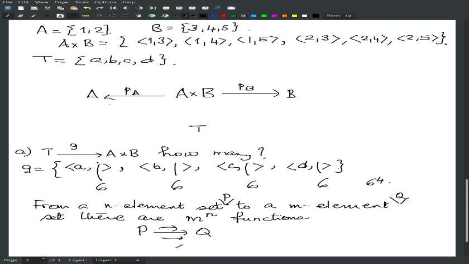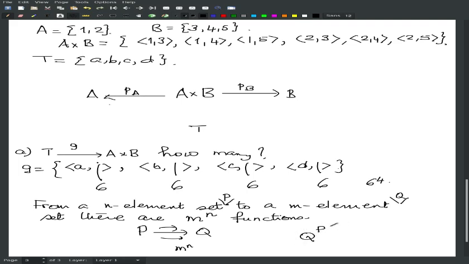So there are m to the power n many functions, and that's one of the reasons for choosing this symbol for the set of all functions. So you see the power, as if we were saying.